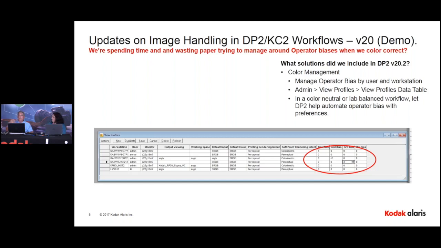Another thing to emphasize here is that these biases will only be applied to images that are being displayed on that monitor. They are not included as any compensations in the image rendering for products or export images. It's only for display.